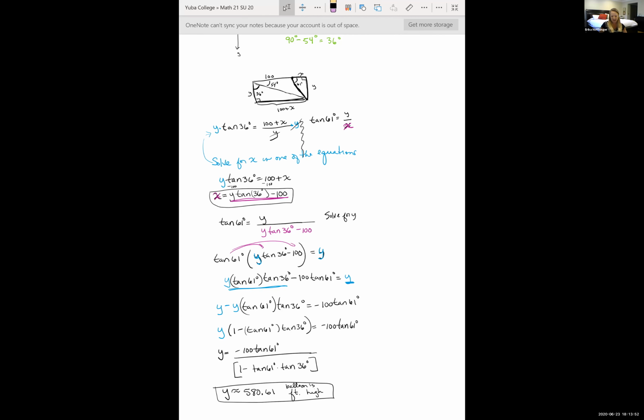That's not what the question asked, but if I wanted to figure out the distance of x, maybe how much further I have from where the hot air balloon was at the second sighting to where the top of the landmark was, I could figure that out by plugging in 580 into this piece, and that would give me the distance of x.